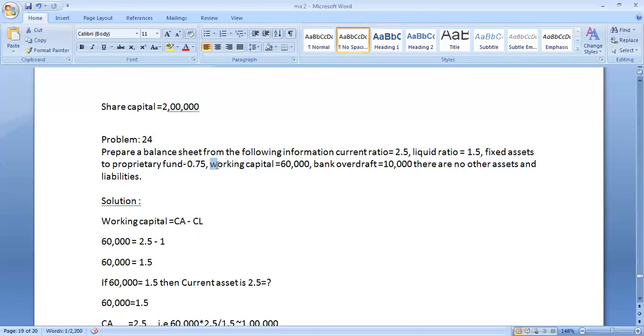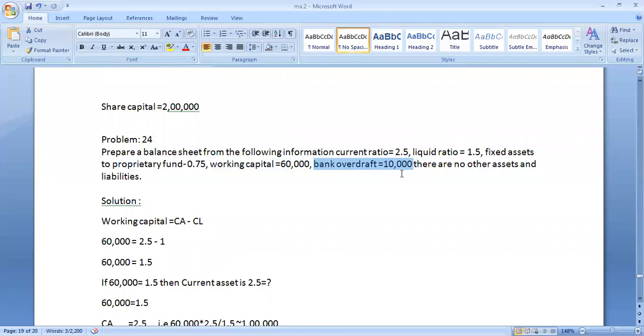And there is one more hint which is given, working capital. Out of the current ratio that we have discussed in the previous classes, and whenever there is a working capital, you can easily find out the current assets and the current liability. These two are the hints to prepare the current assets and the current liability. Clear? And there is also a bank overdraft. Listen, whenever there is a bank overdraft given, it will always be deducted from the current liability, because we need the liquid liability.